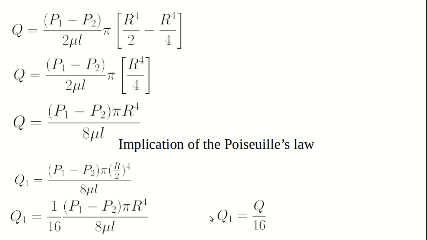So the implication of this formula is that once you reduce the radius of the pipe by half, it in turn reduces the discharge rate by 1 over 16, which is very huge.